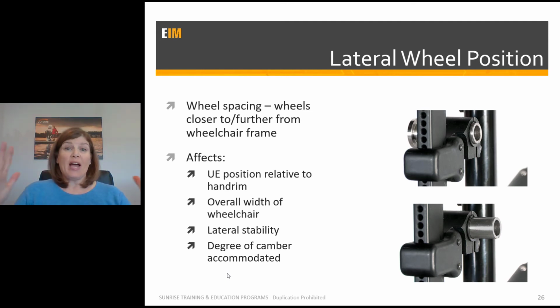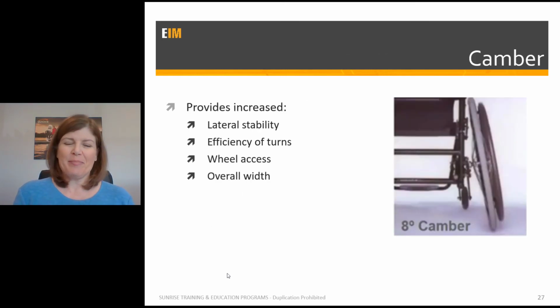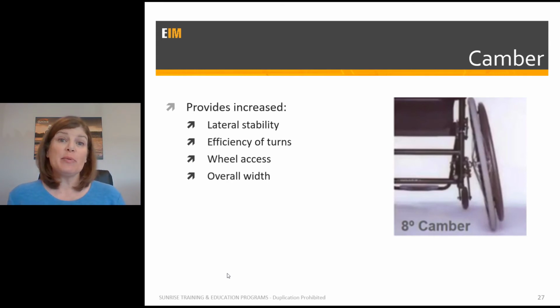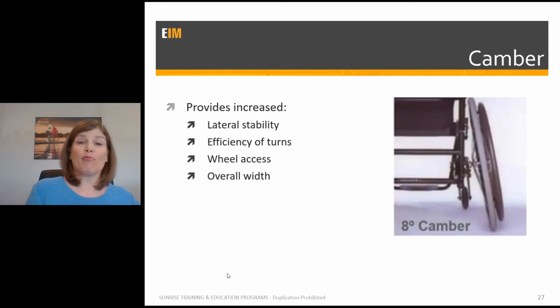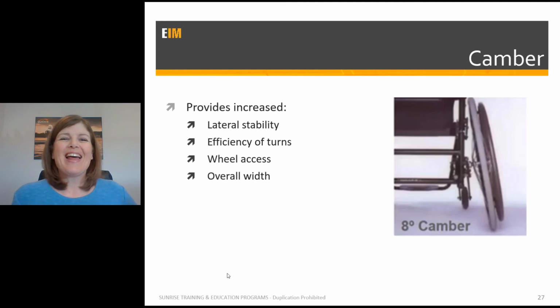Now, also by having this ability to sleeve the wheels in or out, it's also helping me to perhaps take a little bit more camber in the rear wheels. And what I mean by camber is that slant or that slope in the rear wheels. When I have more camber, that's going to help in terms of the lateral stability of the wheelchair. So if I'm reaching to the side, that wheelchair is not going to necessarily tip over to the side.